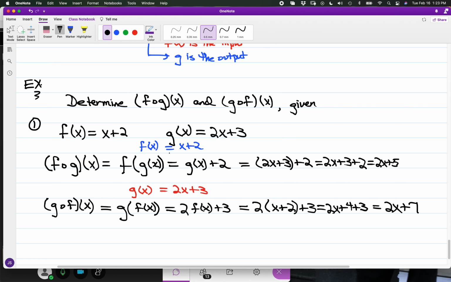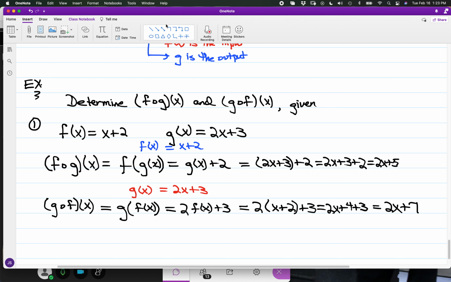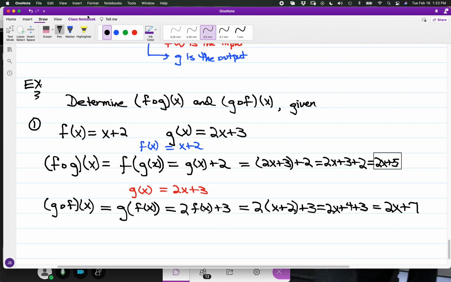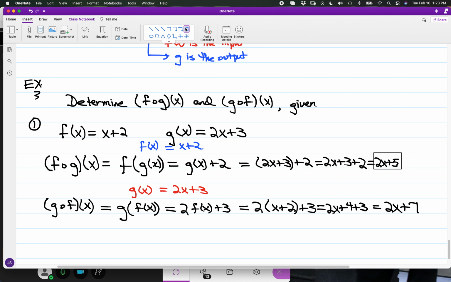So you can have the same variables and different sequencing of the compositions. You're still working with the same functions, f of x and g of x, but in terms of how they are sequenced, f composed with g of x and g composed with f of x, you're not necessarily going to have the exact same output. Because with f composed with g of x, the output is 2x plus 5, but for g composed with f of x, we come out to 2x plus 7.